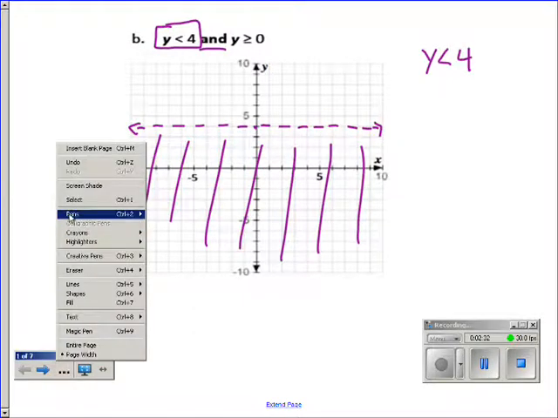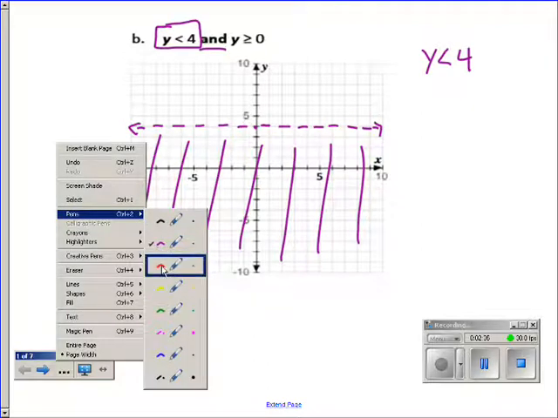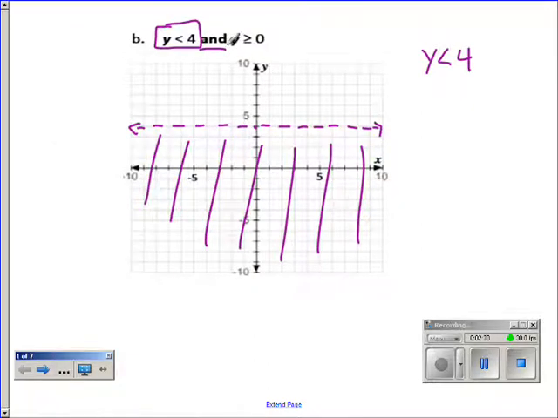I'm going to go pick up another color. Let's do red. We are ready to look at the second inequality, y is greater than or equal to 0. Again, I'm going to think of this as an equation first and graph y is equal to 0. Where is y equal to 0? Right here at the origin.